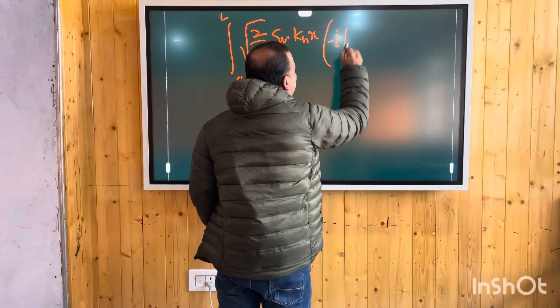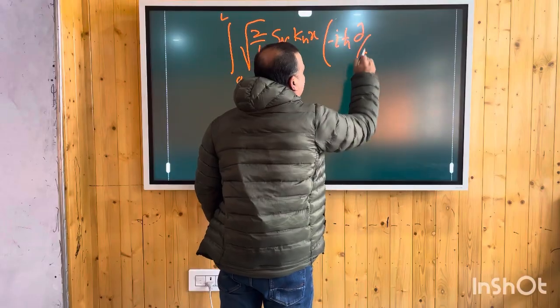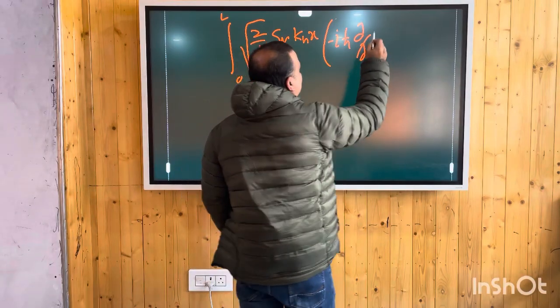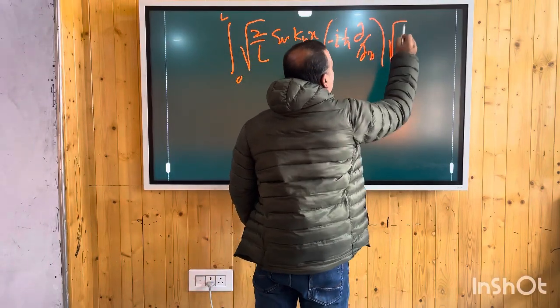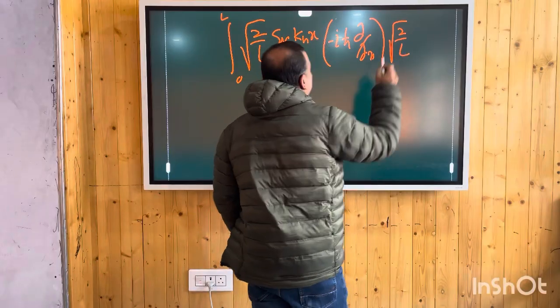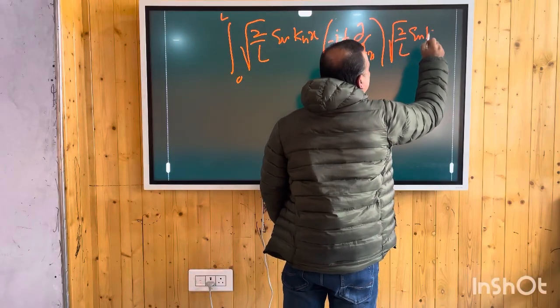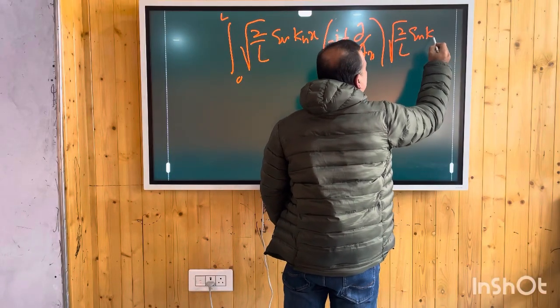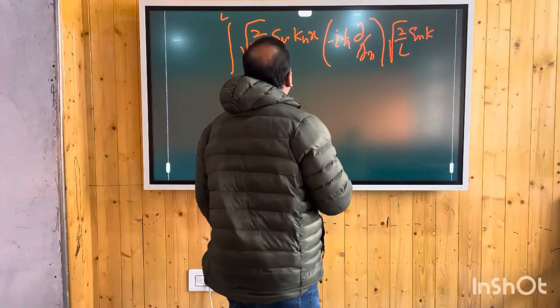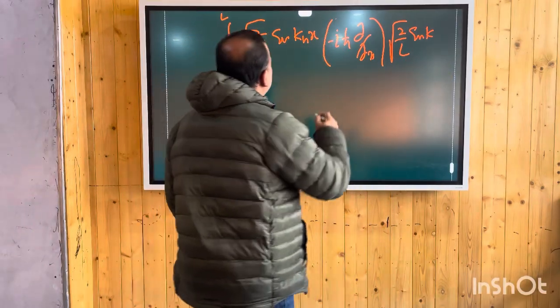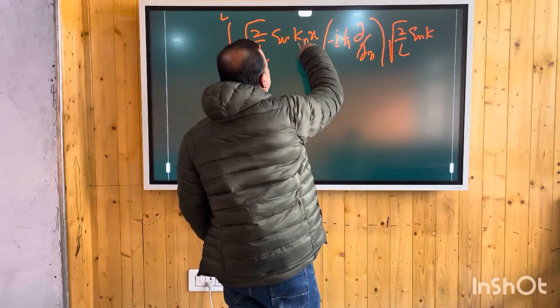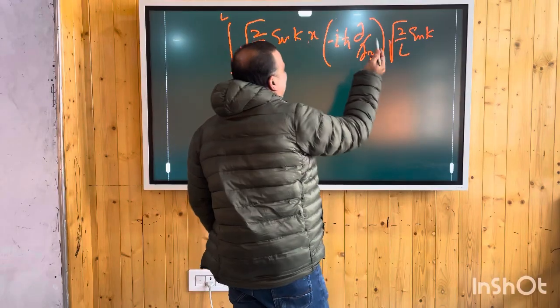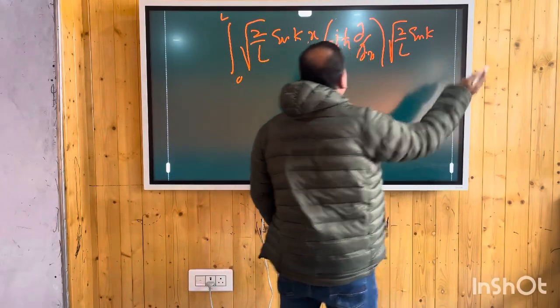That's minus i h bar dou by dou x, and then you have square root of 2 by L times sine of Kx. Since it's n equals 1, let me keep K for that.